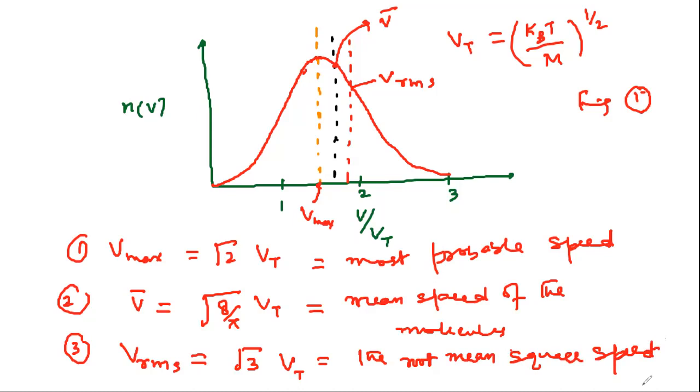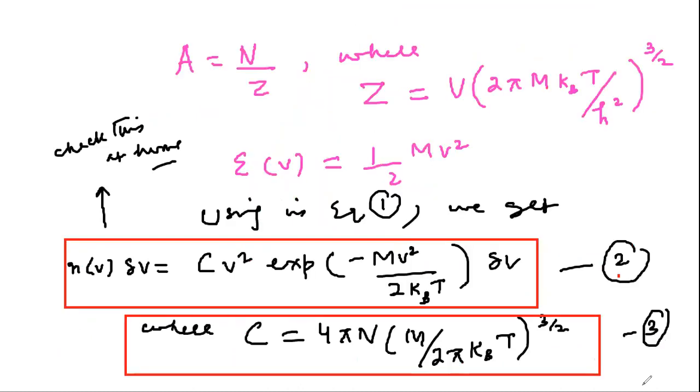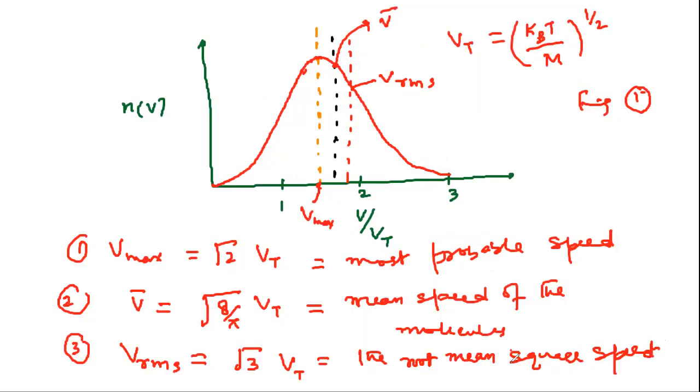Use the expression for the Maxwell-Boltzmann distribution of speeds, and from it, using the definition of all of these three speeds, prove these results at home. You have to prove that the maximum speed, that is the most probable speed, that is the peak in this distribution curve, is square root of 2 times v_t.